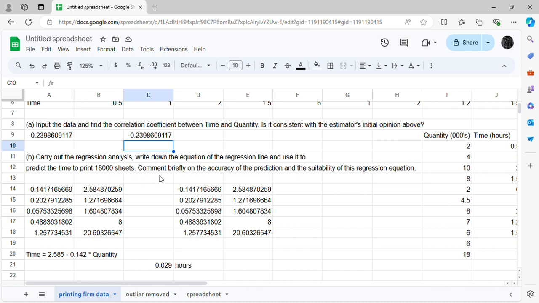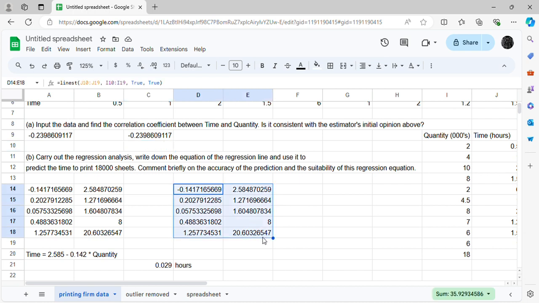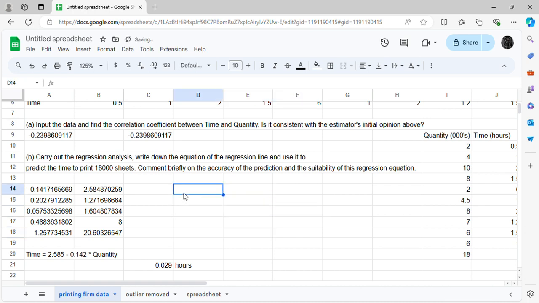Carry out the regression analysis, write down the equation of the regression line and use it to predict the time to print 18,000 sheets. Comment briefly on the prediction and the suitability of this regression. So let's type equal in an empty cell, LINEST.